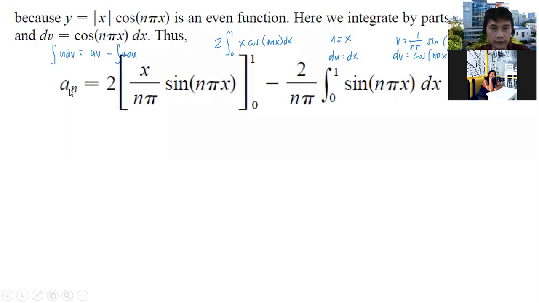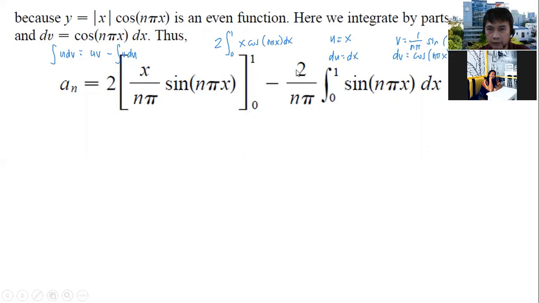This will give us the 2, because we have a constant value to factor out. Then here starts the uv. Our u is x, and our v is 1 over n pi sine n pi x, from 0 to 1. Then minus the integral of v du. We can factor out this 1 over n pi.